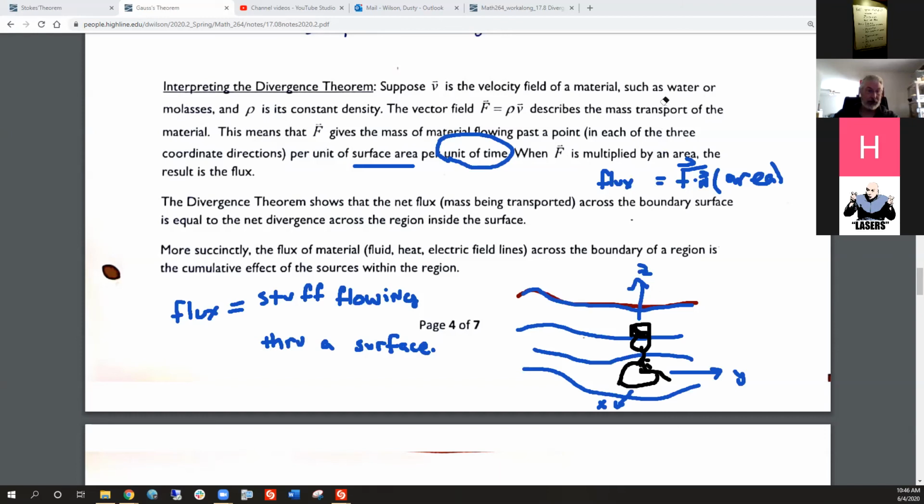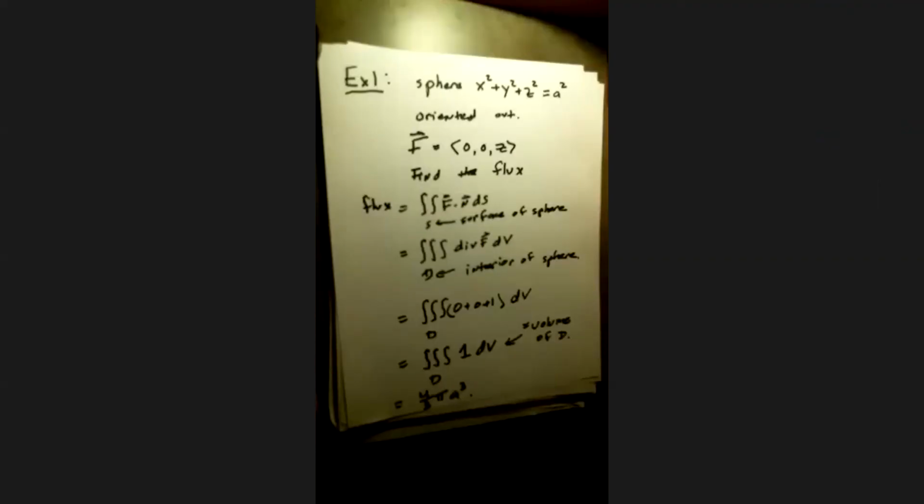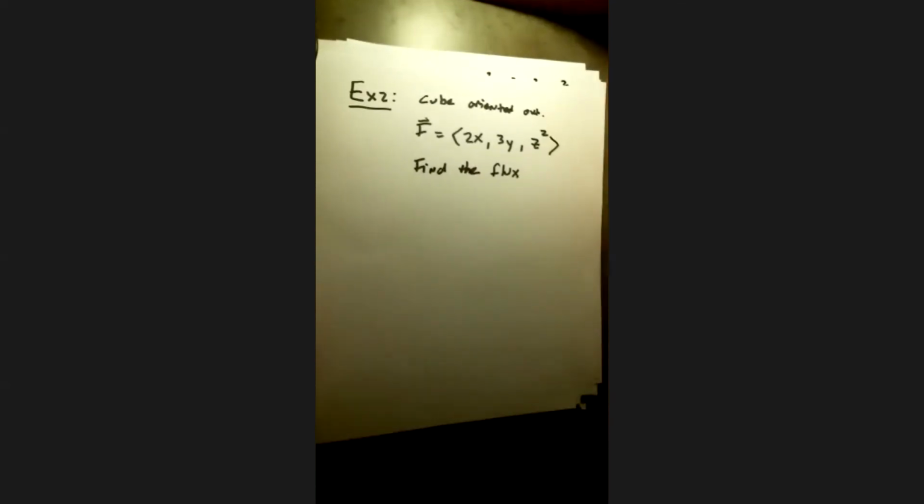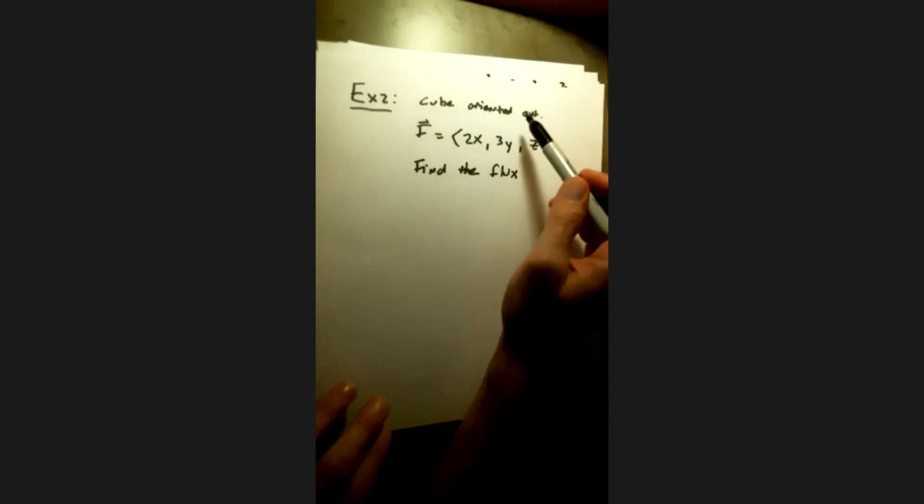All right. I think we have enough time to do one more brief example. So in example 2, we are going to let S be a cube oriented outward.